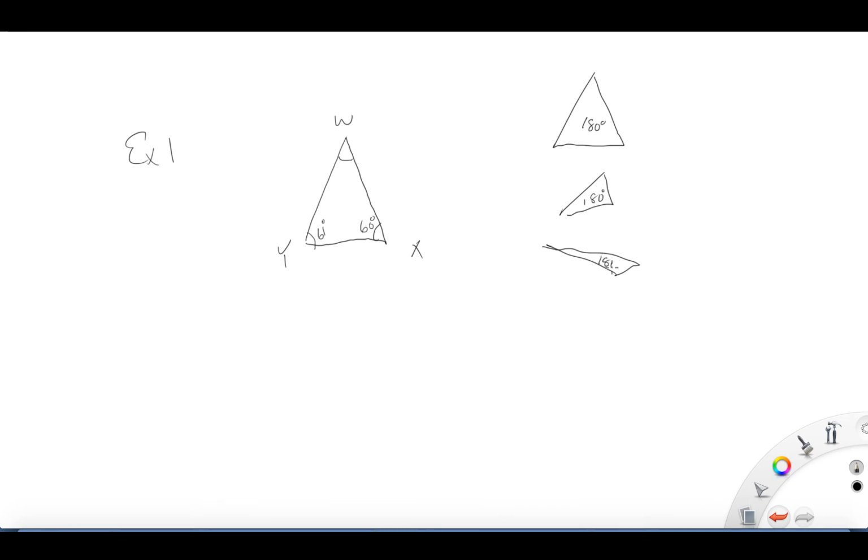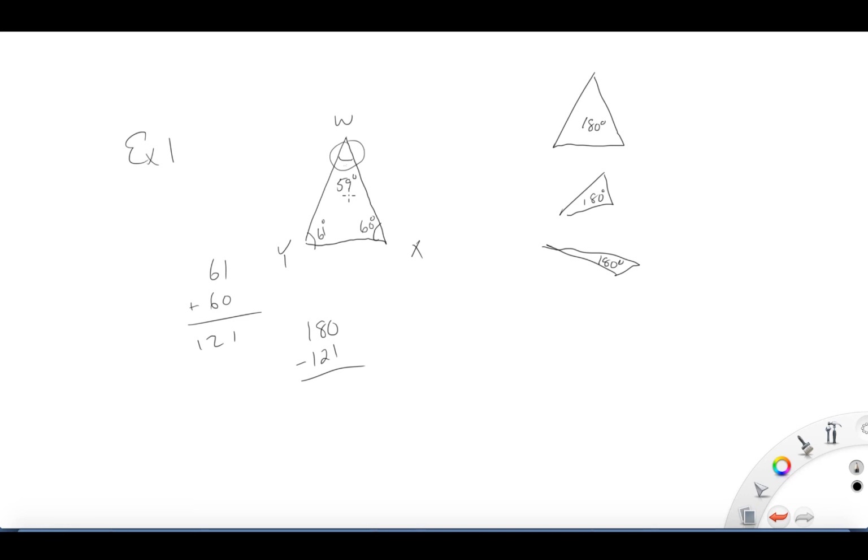Does not matter what triangle. So that is the same for this one. If I have 61 and 60, that totals to 121. That means whatever this angle is right here is 180 degrees minus 121, which gives me 59 degrees. So I know that angle up there is 59 degrees.